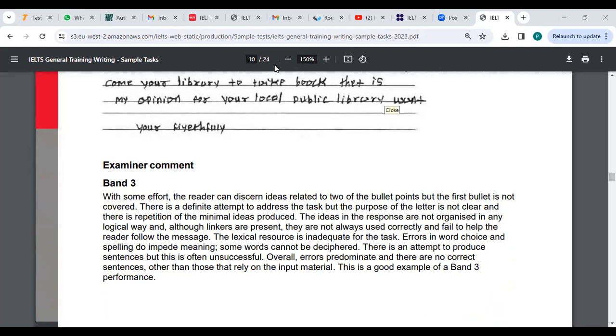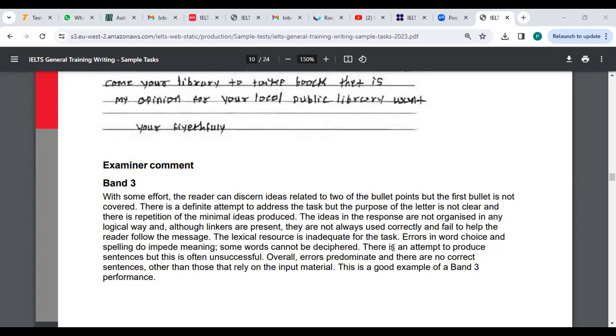All right. Rukaya Seba, please read the examiner's comment. Examiner's comments, band 3.